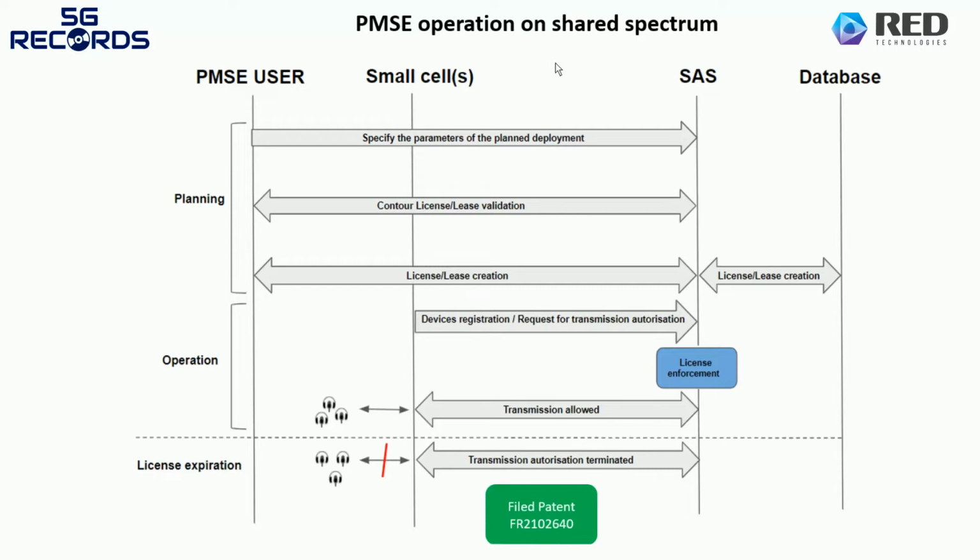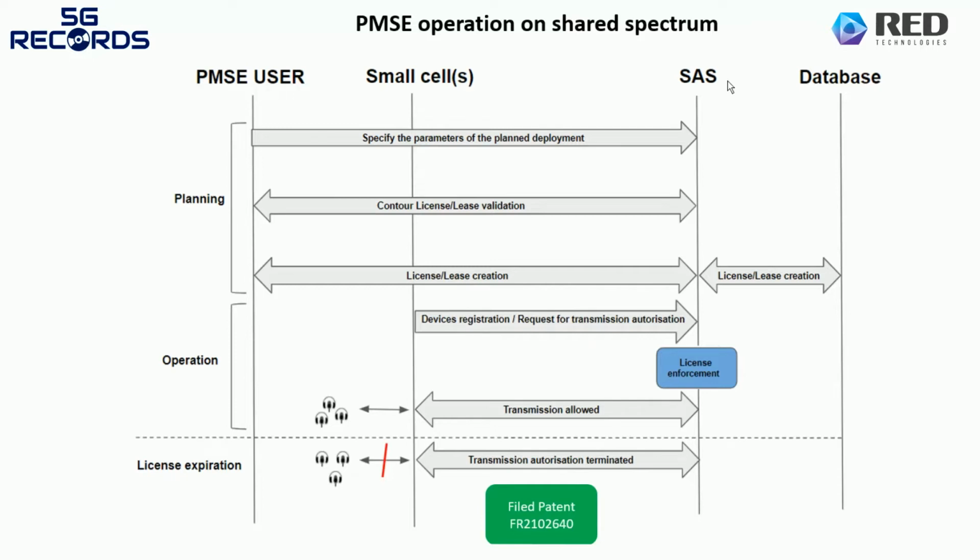We see it as a 2-step process because the PMSE user needs guaranteed protection from interference during the whole time of its operation, and its transmission power should not be modified, so as to guarantee continuity of service, a constant quality of service.